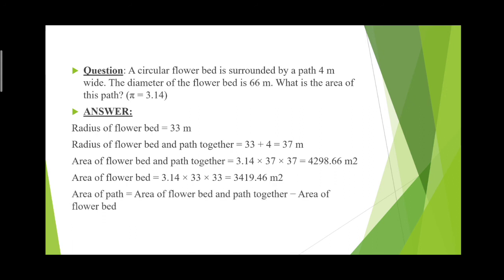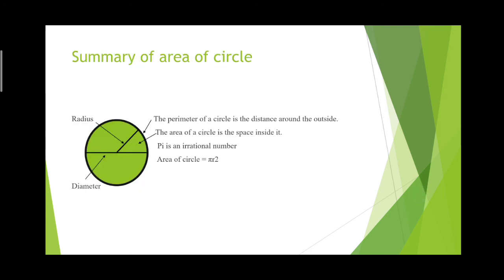So the area of the path is equal to the area of the flower bed and path together minus the area of the flower bed. Therefore, it is equal to 4298.66 minus 3419.46, is equal to 879.20 meter square.